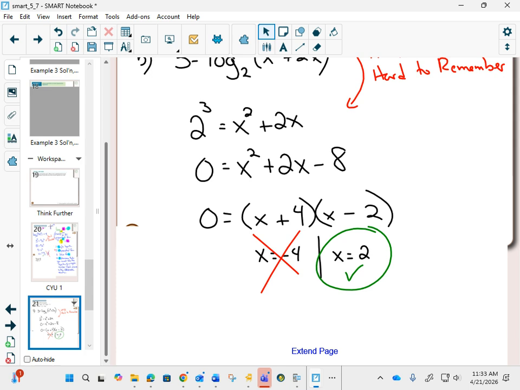And they went through and they solved and they got one answer. And they checked that answer and it was a negative inside of a logarithm. And so they put an X through the only answer they got. And they're like, there is no answer? You really are going to do this to me on the first question of the exam? The first question of the exam, the answer was there is no answer.